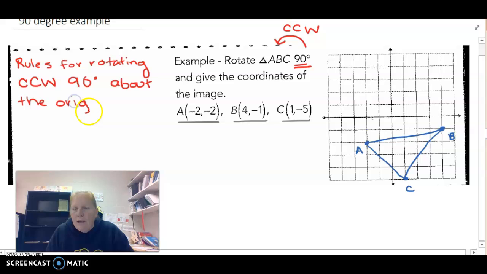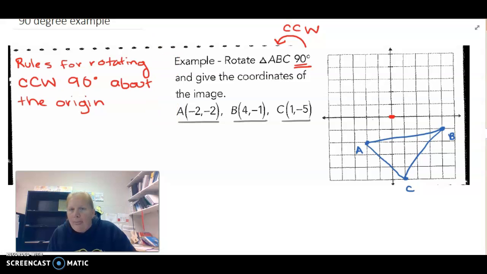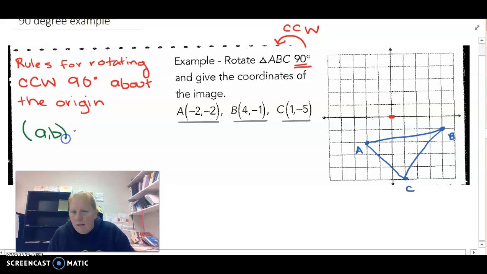When we rotate, we always rotate about a point, and everything we do here in this class at least will be about the origin. So we're going to rotate 90 degrees about the origin. All right, so that rule is (A, B) goes to (negative B, A).